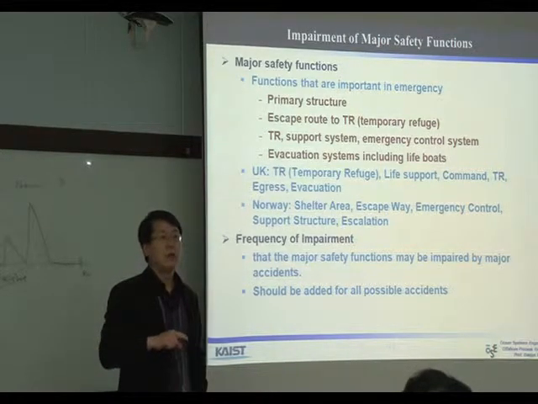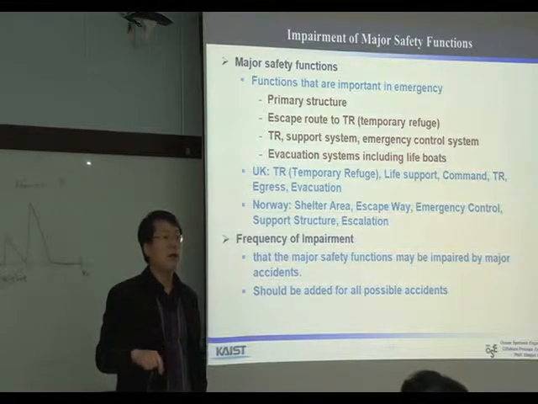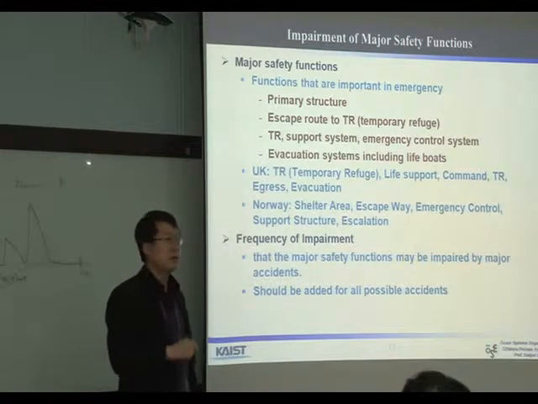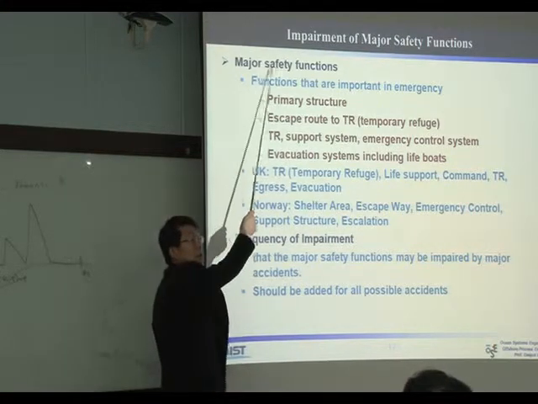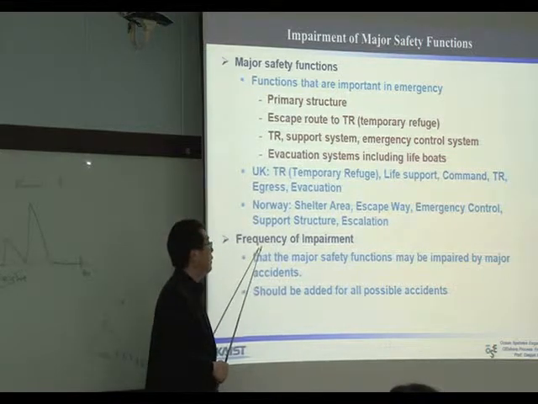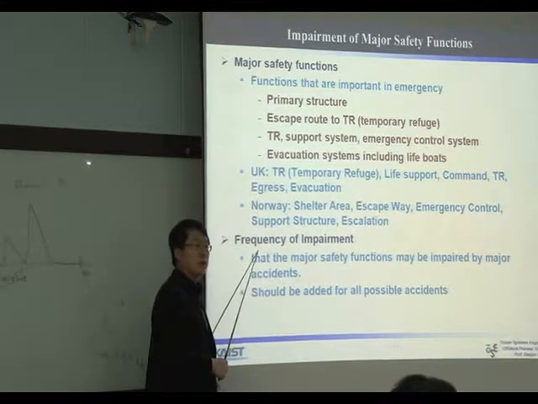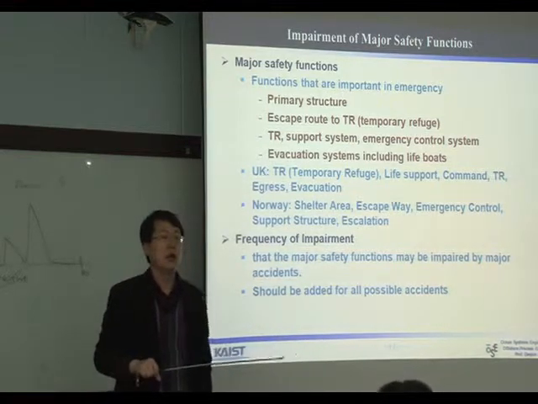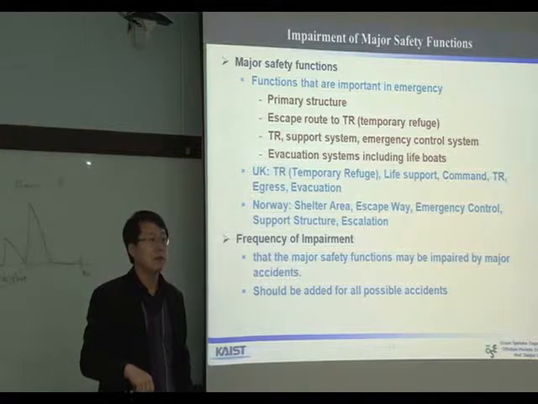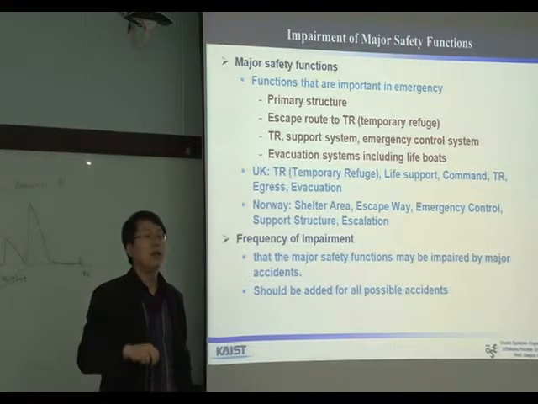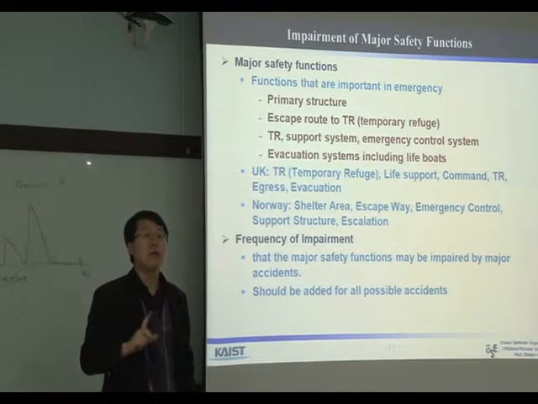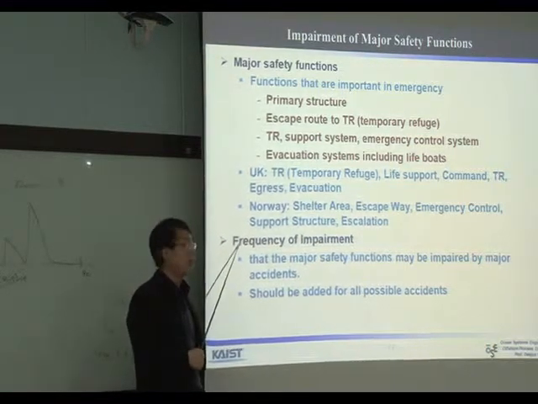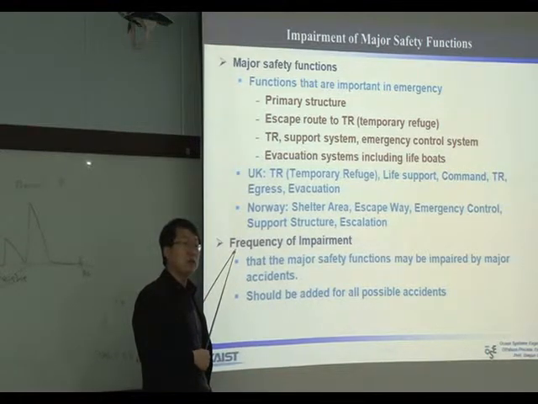So the authority, the regulating bodies, try to emphasize the strength of this safety. Their concern is how often the major safety function can be impaired or damaged by the accident. So the authority tries to control the overall safety by imposing regulations on the frequency of impairment of the major safety functions.